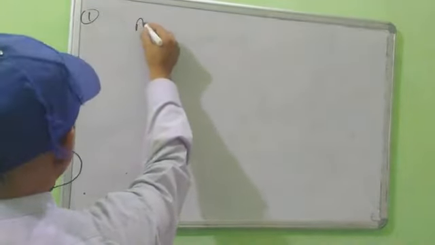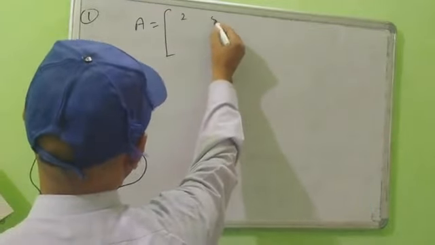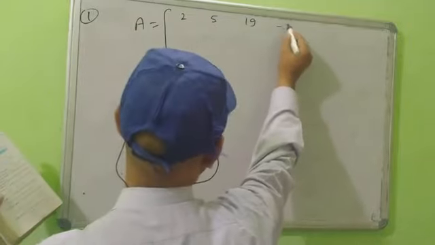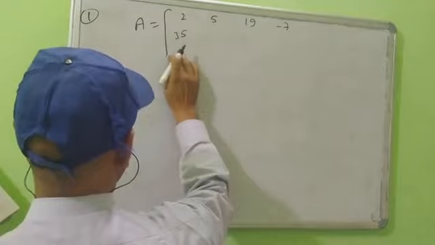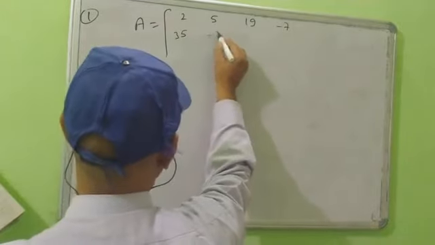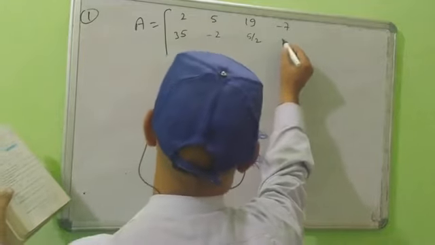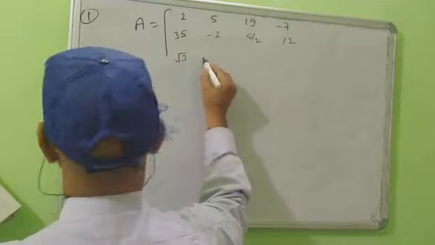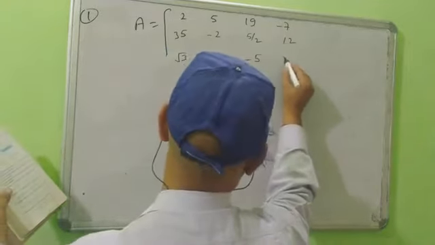What is the matrix A here? Matrix A here is 2, 5, 19, minus 7, 35, minus 2, 5 by 2, 12, next root 3, 1, minus 5 and 17.